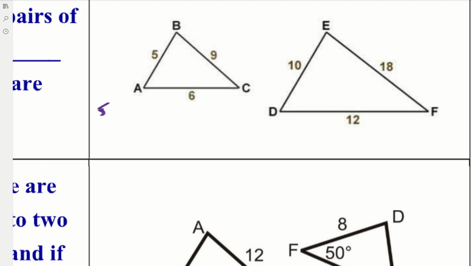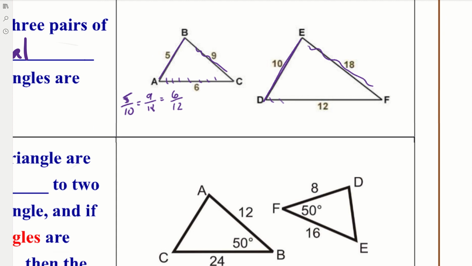I'm going to say that 5/10, the ratio of those 2 sides, is that the same as 9/18? And is that the same as 6/12? It is. All 3 sides are proportional.